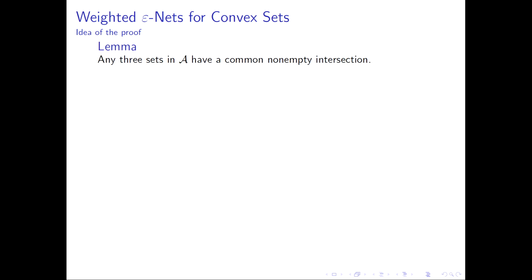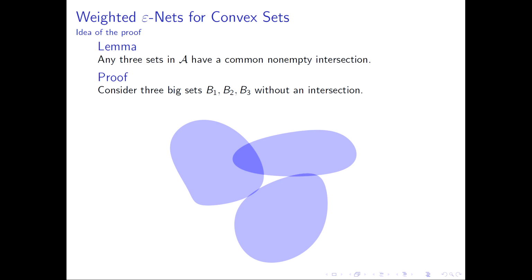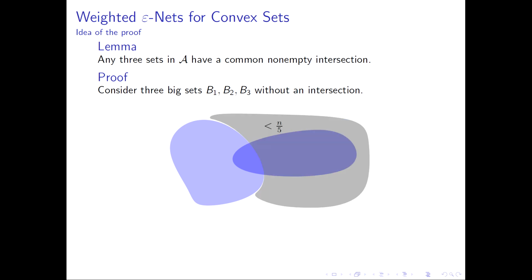Now we claim that any 3 sets of A have a common non-empty intersection. So let's start by taking 3 big ones and assume that they don't have a common intersection. Now we know that all of them contain more than 4/5 of the points. So clearly outside there are at most n-fifth points.